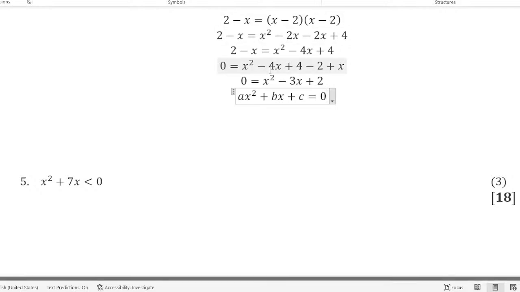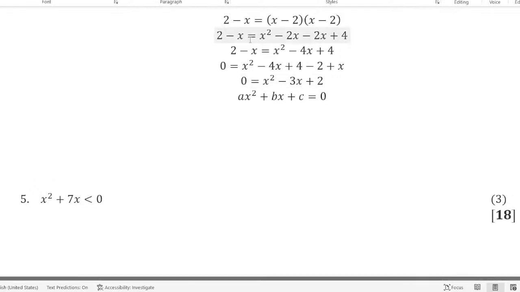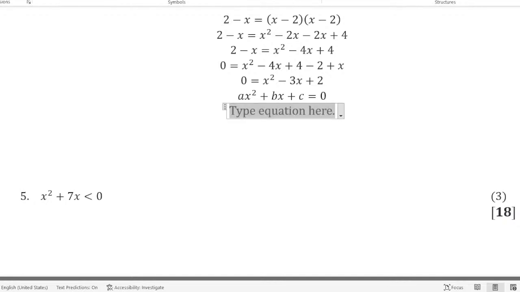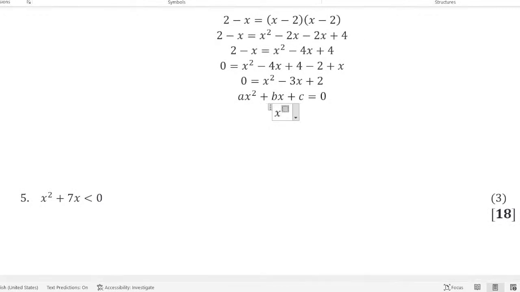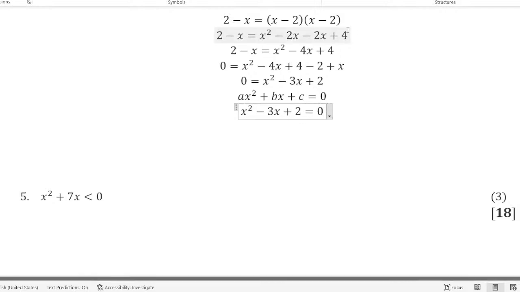So now we have to change this equation into that form. So that will be x squared minus 3x plus 2 is equal to 0. So now it is in the right order.